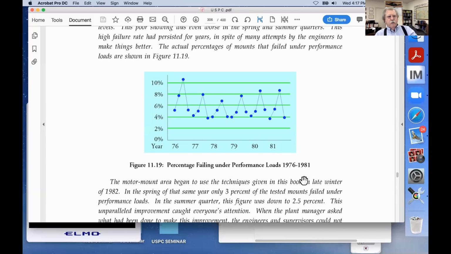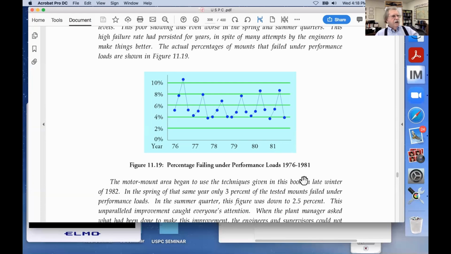And winter and fall are your best seasons. In spring and summer, the percentage just skyrockets. And the director of engineering sat down and told me all the things they tried to fix with no success. They figured they're going to have to live with this.